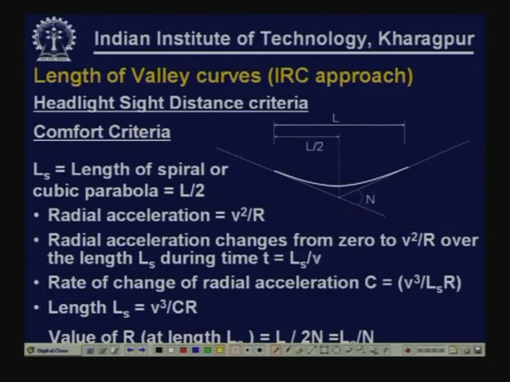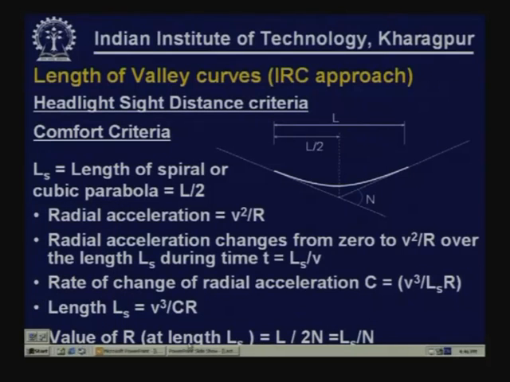So, if Ls is the length, v is the speed, the time taken t is Ls by v. So, rate of change of radial acceleration is nothing but v square by r by t, where t is Ls by v. So, it becomes v cube by Lr.